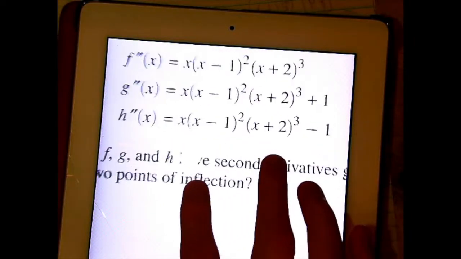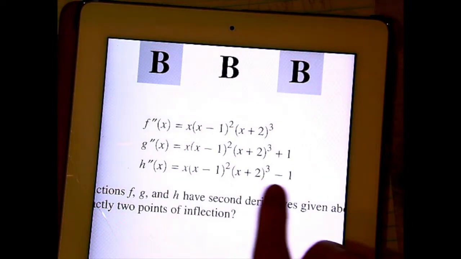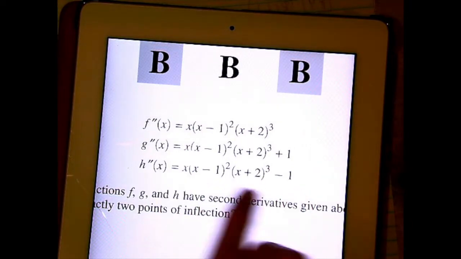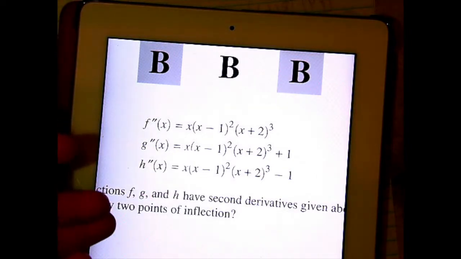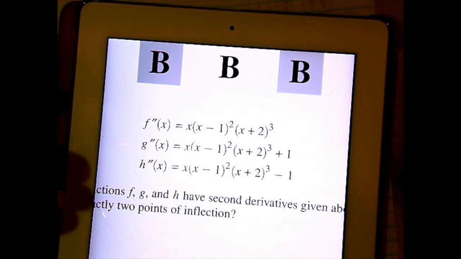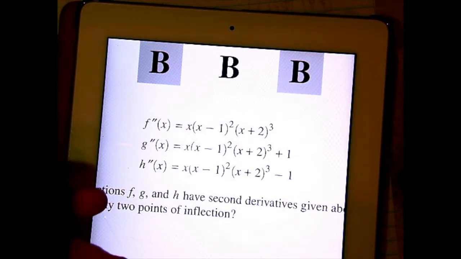So you could probably analyze this algebraically and really figure out how many zeros there are, but you can also just graph it on your calculator and then see if the sign of the function actually changes. And I think that's what I'll do.